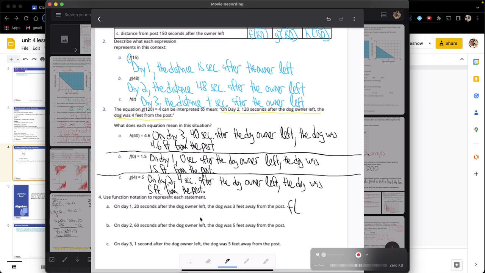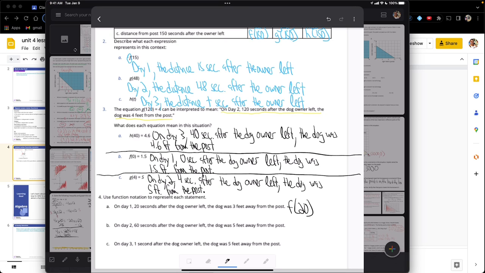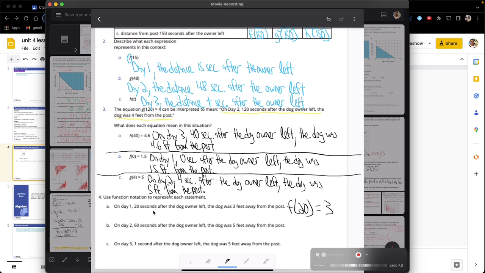So this is going to be f of 20. The dog was 3 feet from the post. So that is your output. That goes after the equal sign. So the function notation would be f of 20 equals 3.